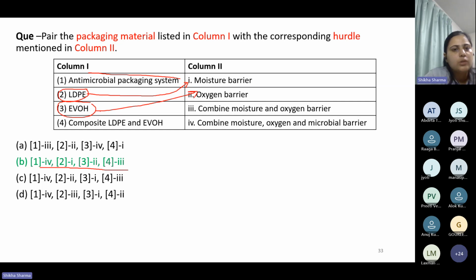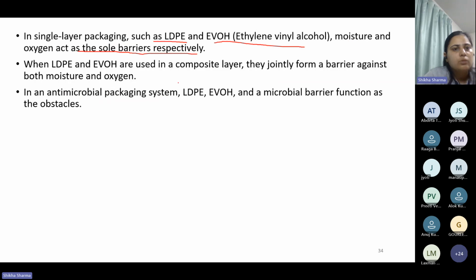Then we have the composite and antimicrobial packaging system. In an antimicrobial packaging system, we have microbial barrier functions.